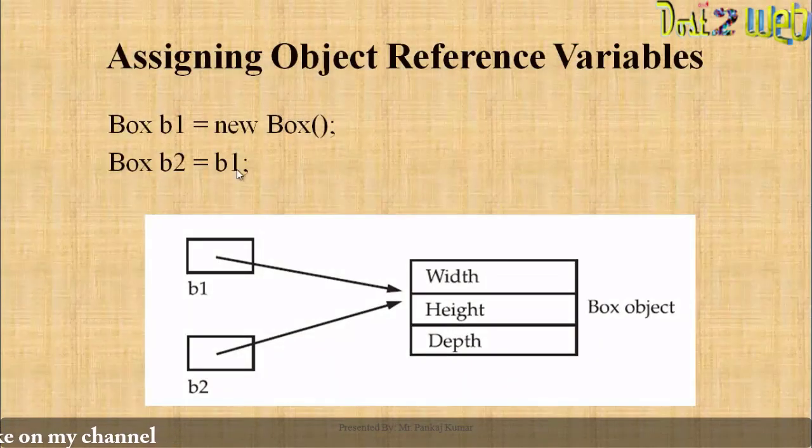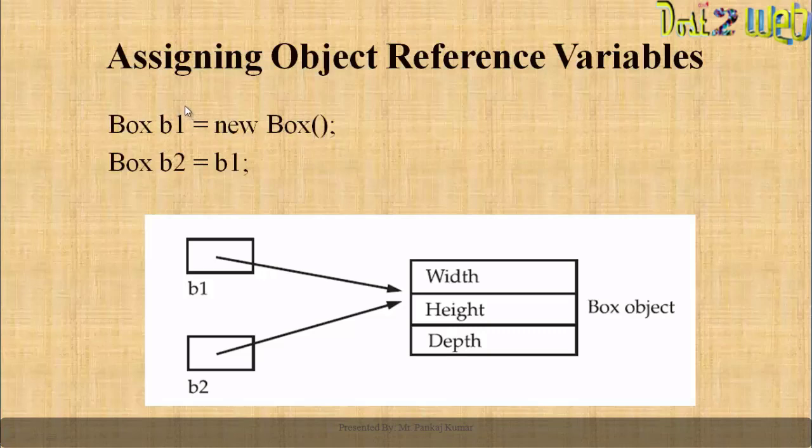Okay, now how are you going to assign an object reference variable? I want to use the reference variable, how are you going to do that? See the example here: I am defining Box b1 is equal to new Box.